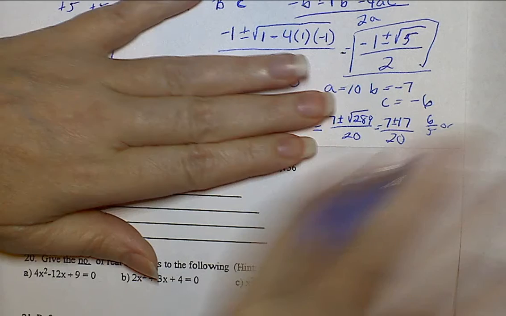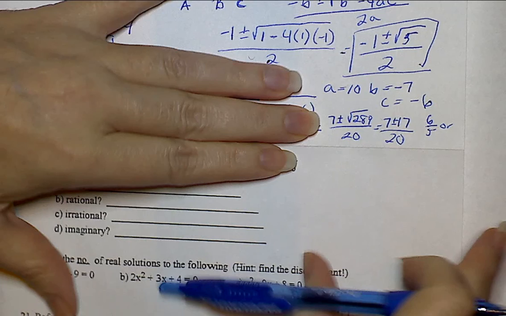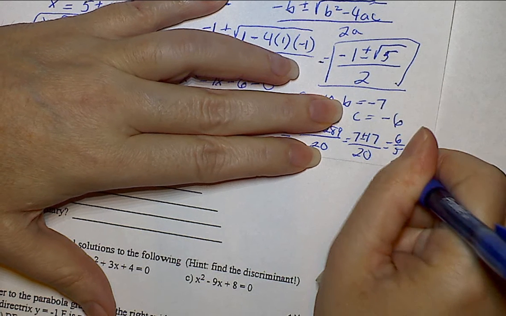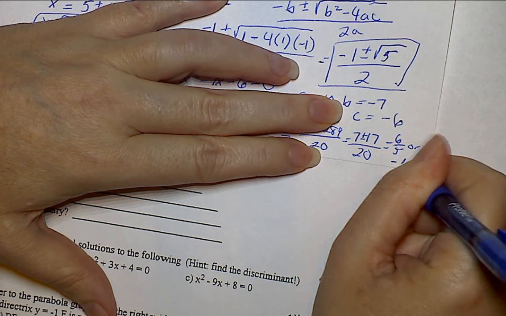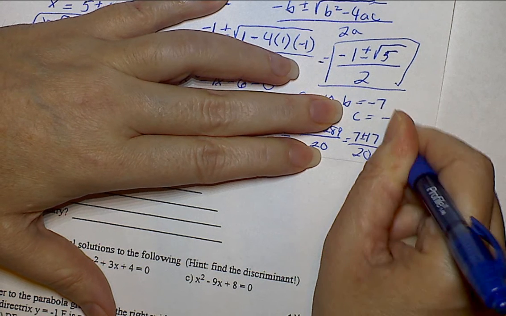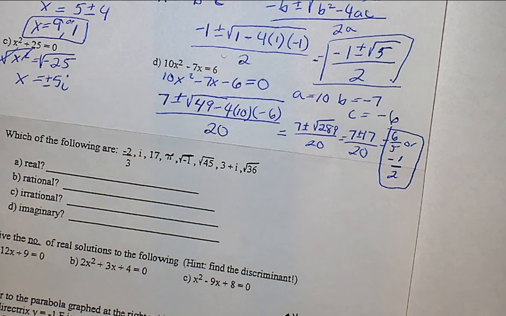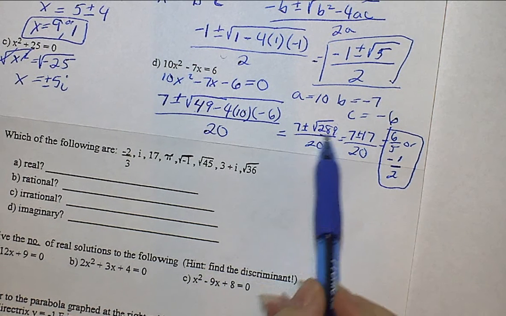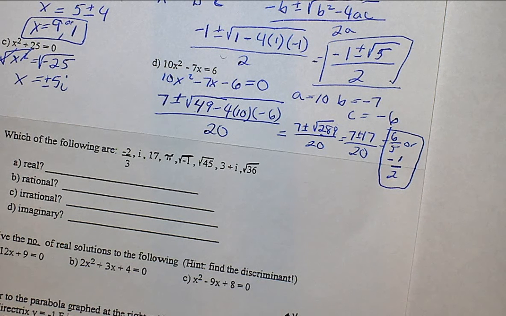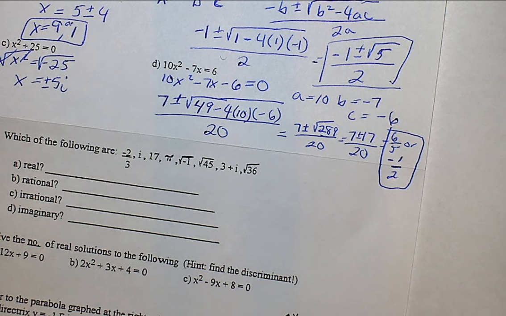So I have 6/5 or negative 1/2. Those are my answers, because those have 2 answers. Remember, if your discriminant is a positive number, then you're going to have 2 answers. If it was 0, you would have just had the one answer. And if it's negative, remember it's imaginaries.